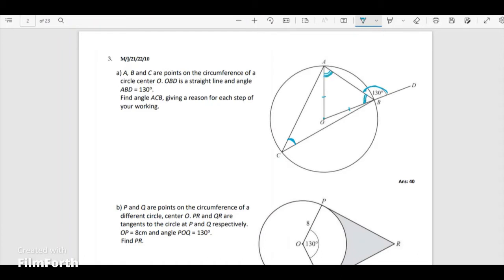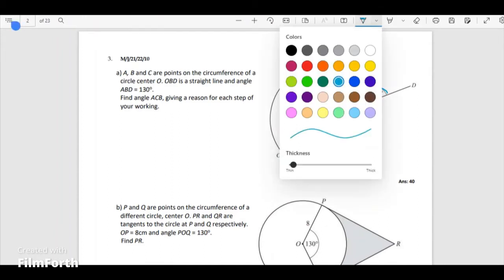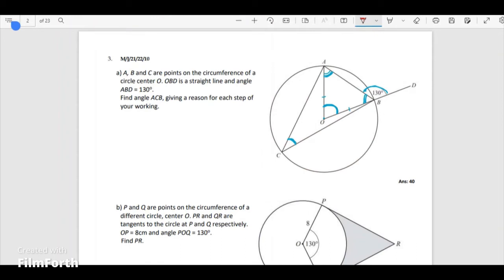The reason why I'm talking about these two angles is that to figure out this ACB, if I get to know this angle at the center, I know the angle at the circumference is half the angle at the center. So it would be really easy for me to figure it out then. So let's just find angle ABO first.